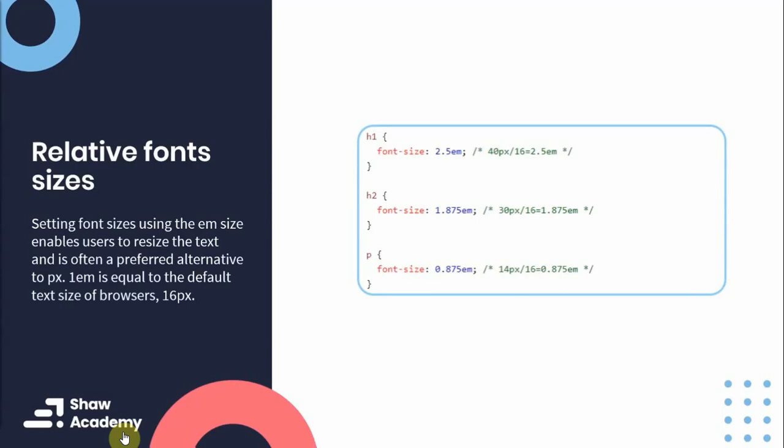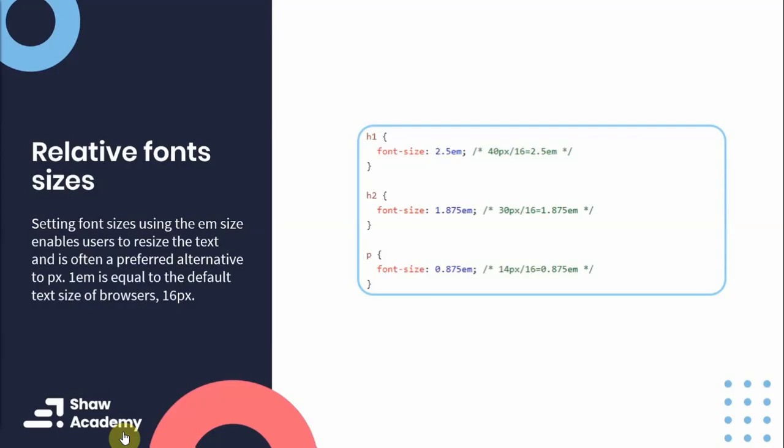So 1 EM is essentially equal to 16 pixels, and that's how we can convert these values. So we've got exactly the same thing here, where we've got an H1 tag, we've got an H2 tag, and we have a paragraph tag. And we've given them each various EM values, and we have a formula associated with these values to better understand how we can scale them using EMs as opposed to pixels.